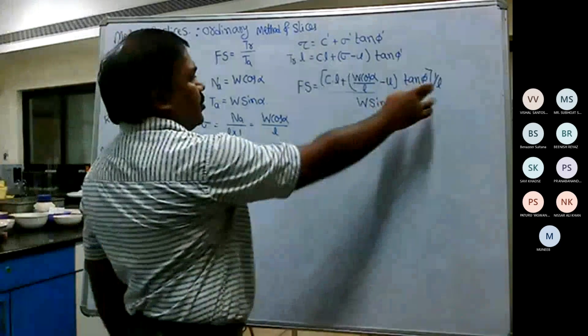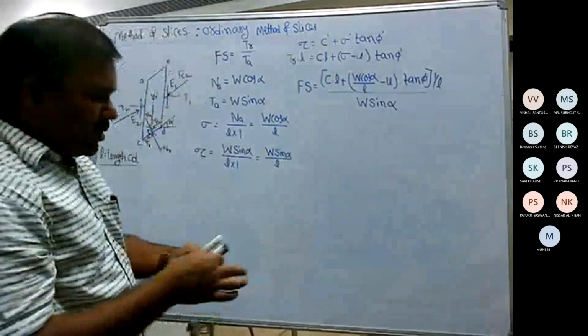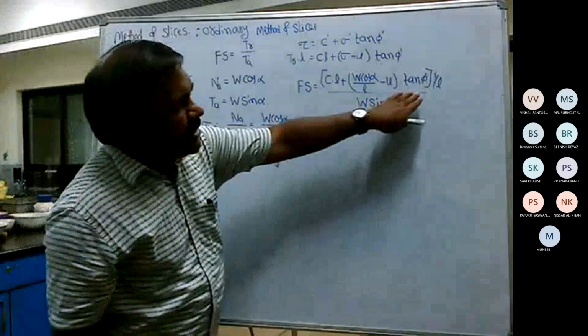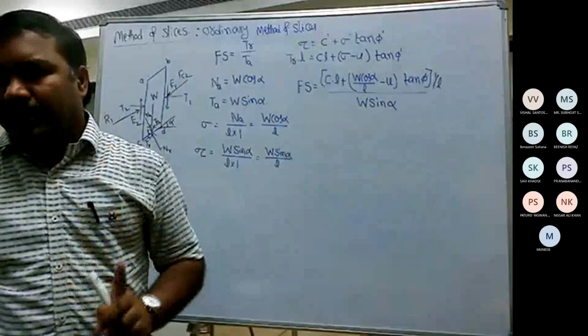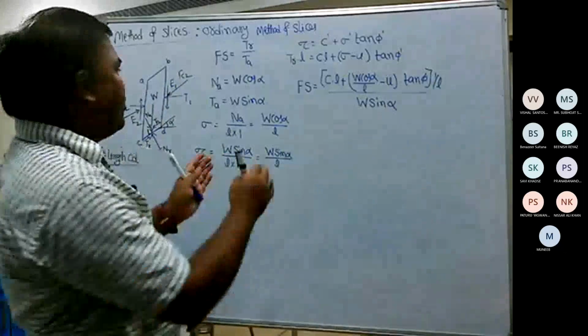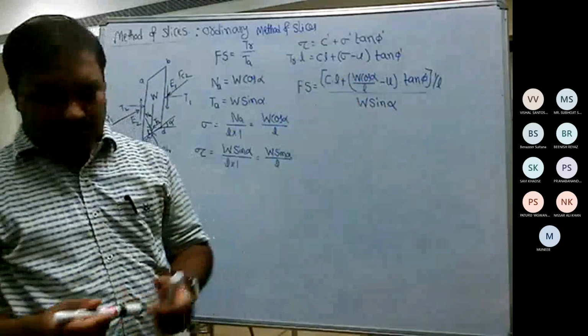Okay, so this is the form of the equation, but now this is valid only for one slice. We have so many slices.